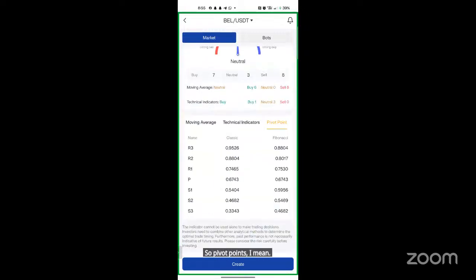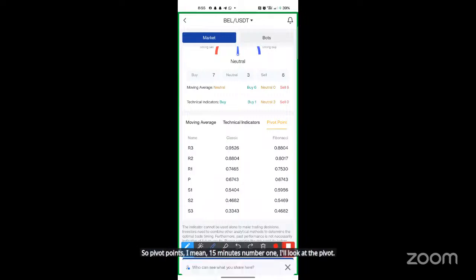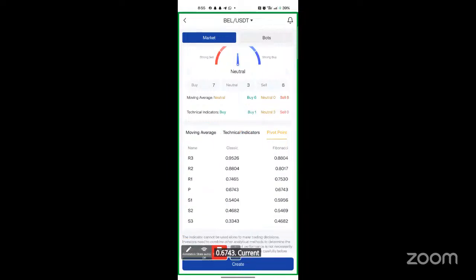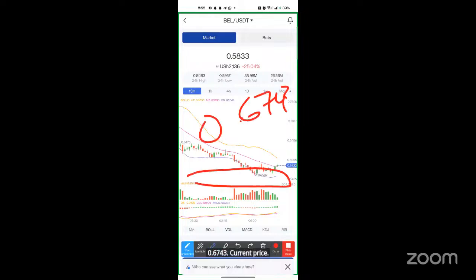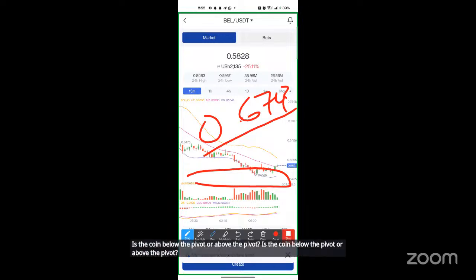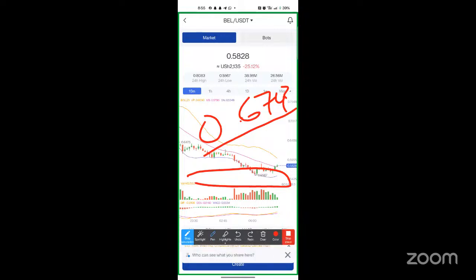Number one, I'll look at the pivot. 0.6743 current price. Is the coin below the pivot or above the pivot? Below the pivot.